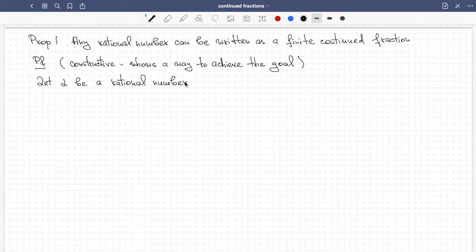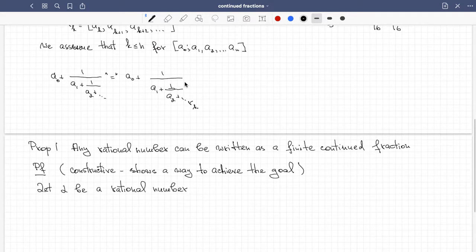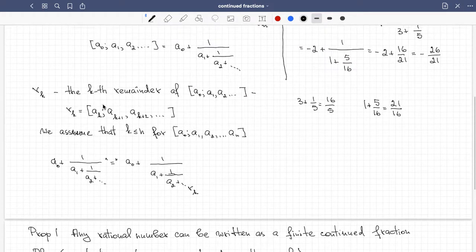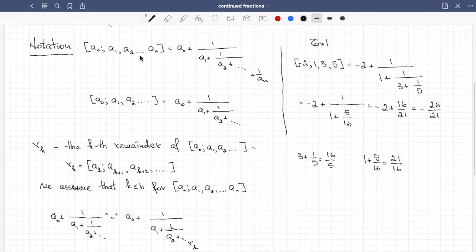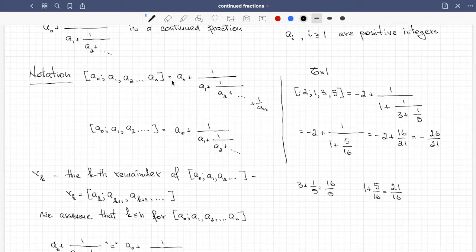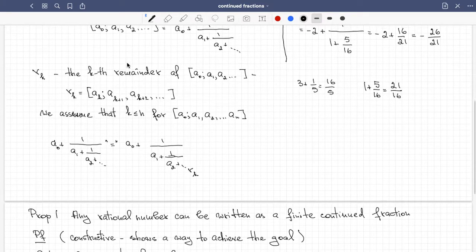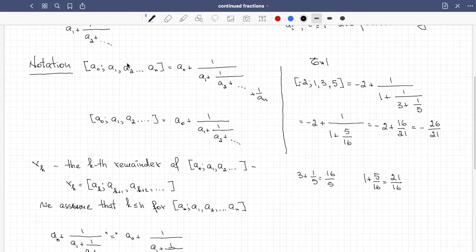The first step is kind of obvious. So what we want is this kind of expression, or in our notations, this kind of finite expression, for a rational number.